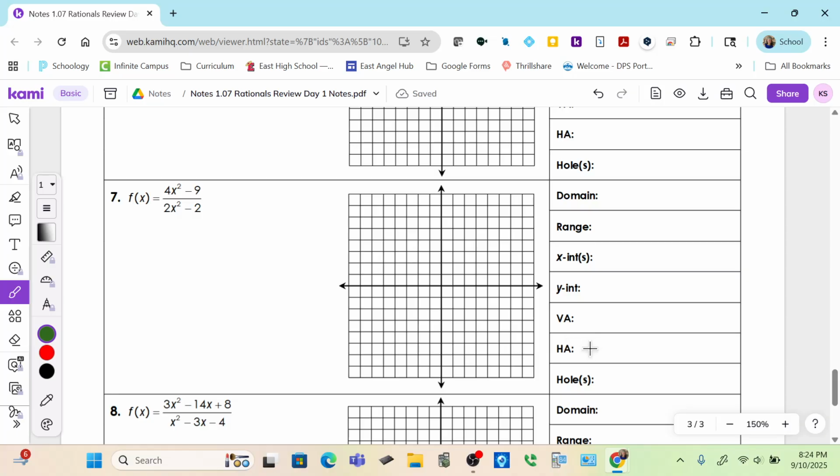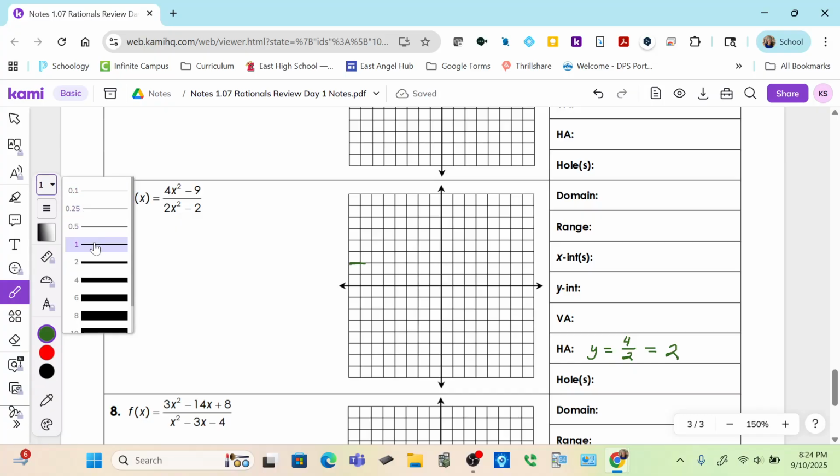The leading coefficient of the numerator is 4, and the leading coefficient of the denominator is 2. Remember, if they have the same degree, then your horizontal asymptote is the ratio of their leading coefficients, and this reduces to 2. So I'm going to graph that horizontal asymptote as a dashed line across at y equals 2. So I have part of my graph figured out.